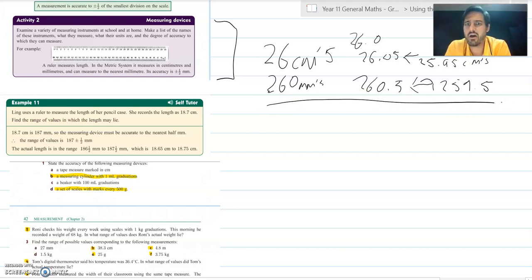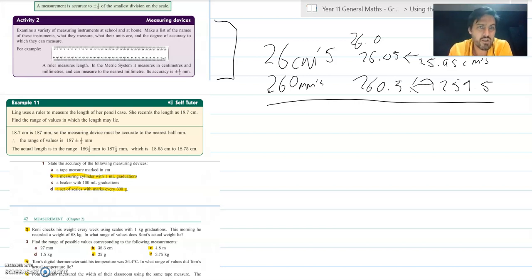If you convert it to the smallest unit of measurement, then it's really easy. You just add a decimal 5 onto the end of it, and then take half of that on the other side as well. So adding half a millimeter, taking away half a millimeter. Some people get into trouble with the decimal stuff, but either way is completely fine and a completely valid answer.